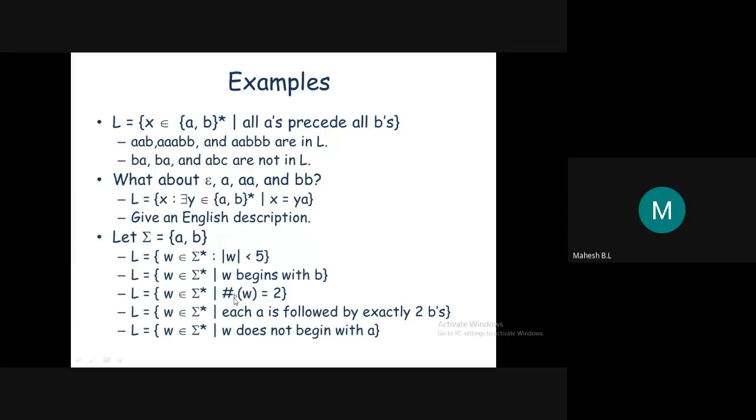Hash B of W returns how many times B occurs in W. This was already discussed in the previous class. So how many times B occurs in W is given by hash, which must be equal to 2 for the strings to belong to L.